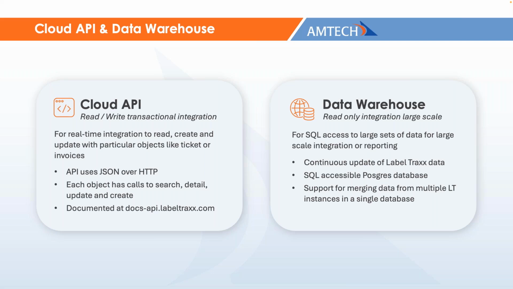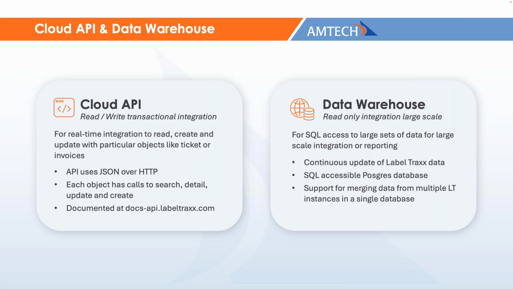The API is documented at docs-api.labeltraxx.com. We have Swagger documentation there, and Greg will point that out at a later point. The data warehouse is for SQL access to large sets of data for large-scale integration or reporting.